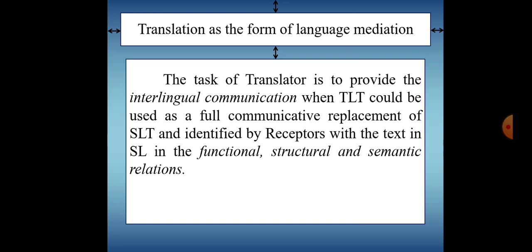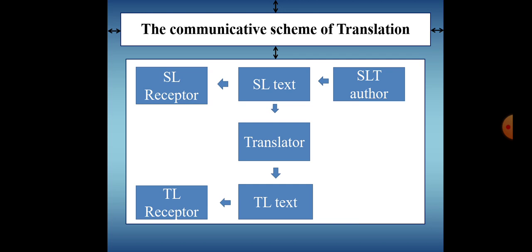As the receptor cannot get information from the text said or written in the language he doesn't know, interlingual communication is of mediation character. This communication is possible on condition that there is an intermediate section which carries out this interlingual mediation, that is, transforms initial information into the linguistic form which can be understood by a receptor.